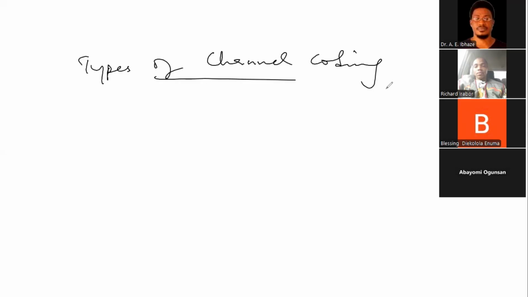This follows directly from the error control coding. So some of the things we're going to talk about here, you'll find in our old notes, and there are a few details we may not have documented in the notes online that we're going to mention in this class.